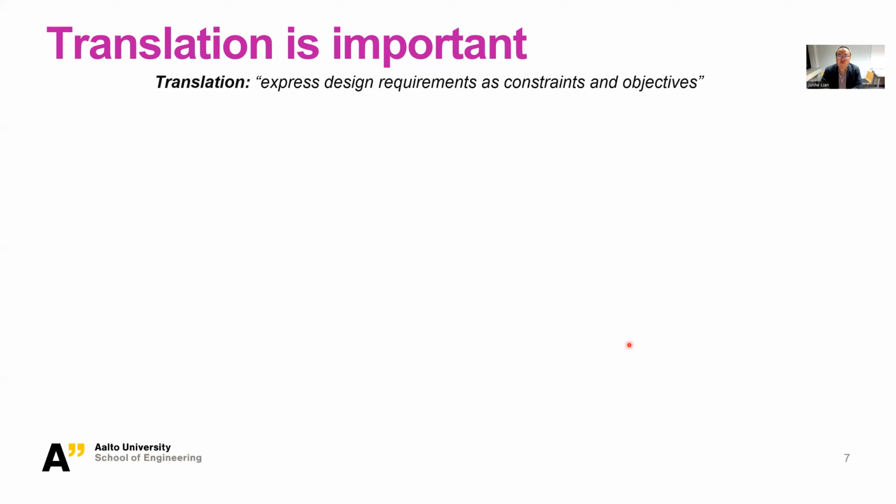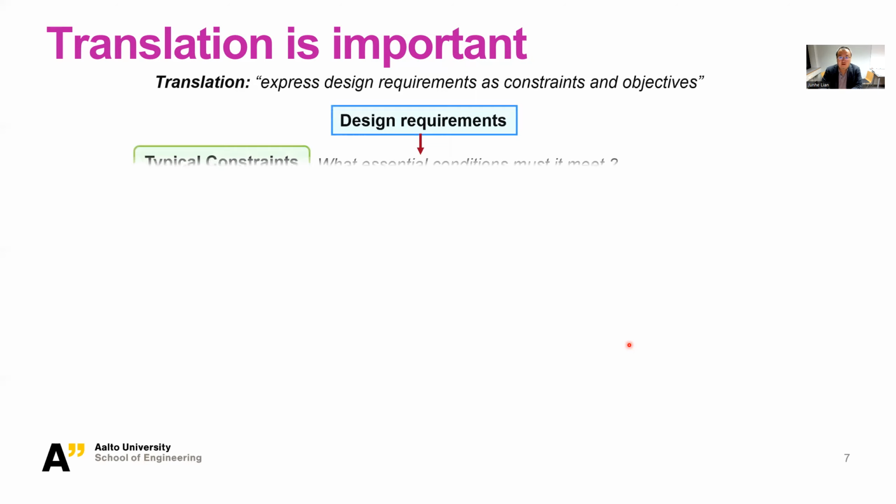Basically, translation is to express design requirements as constraints and objectives. How do we do that? That's pretty easy. What you need to do is just list the functions of your product, the functions the material in your product should fulfill. And then you will easily see what the constraints and objectives are.